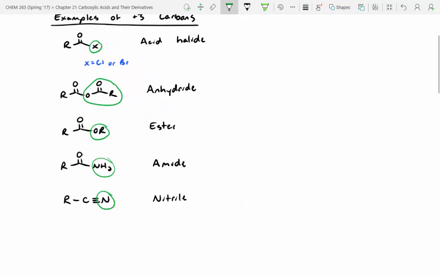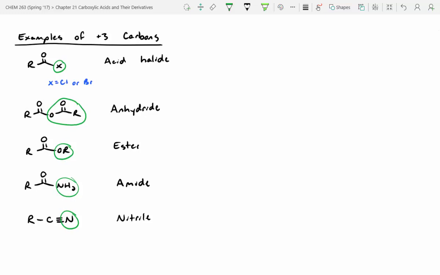All right, so if we look at these, they have a very specific order of reactivity where we get more reactive going up. Does anybody have an idea why? They're stabilized.